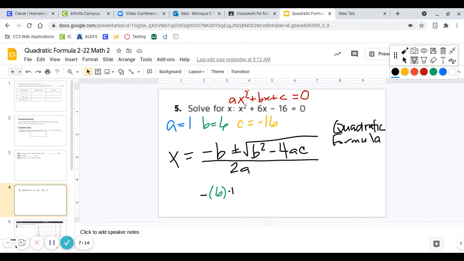Plus or minus the square root. I'm going to stop at b and put in 6. I'm going to square that minus 4. Stop at a, put in 1.